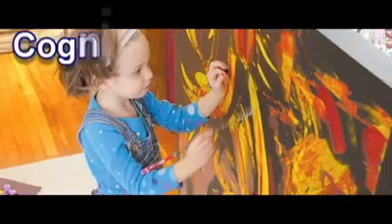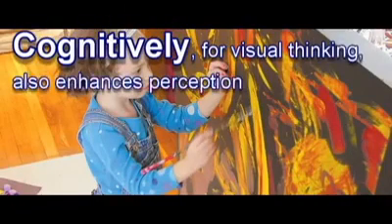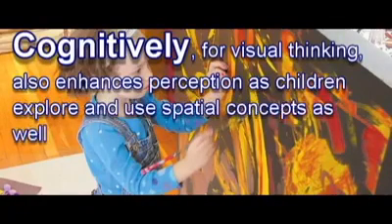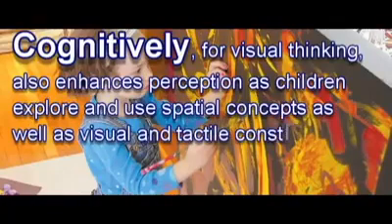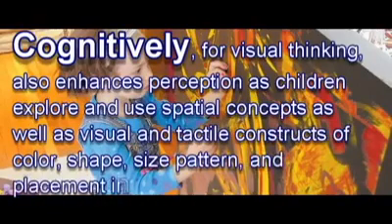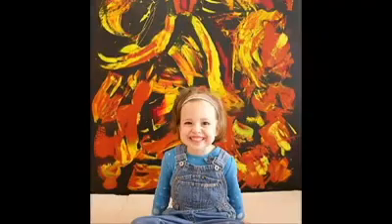Cognitively, children learn through their senses, and visual perception is actually visual thinking. Visual thinking is a cognitive process where images are given meaning. Art also enhances perception as children explore and use spatial concepts as well as visual and tactile constructions of color, shape, size, patterns, and placement in space.